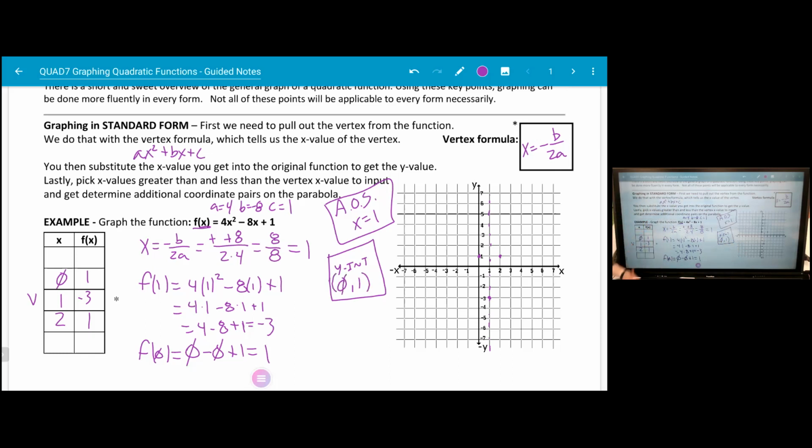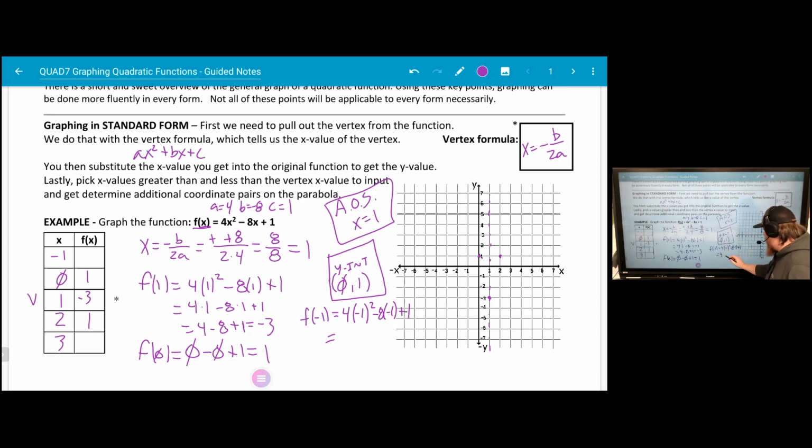We got to have a couple more points here, right? Well, I like going by ones in this case. Let's go ahead and do this. -1 and 3. I don't have to find both of them. I just got to find one more. Let's plug this in here. The value of the function when x is -1 is 4 times -1 squared minus 8 times -1 plus 1. -1 squared is +1. 4 times 1 is 4.